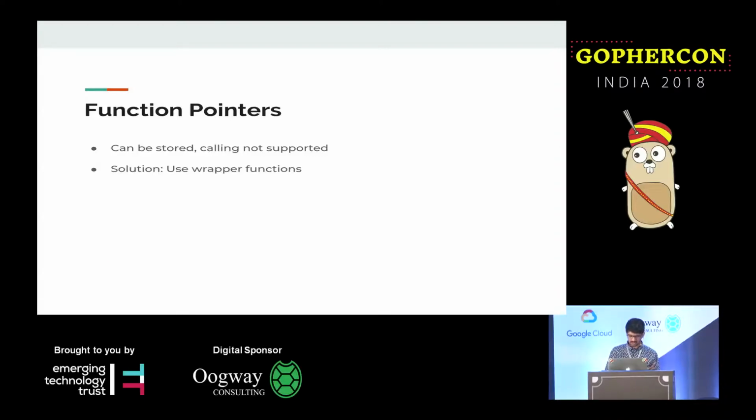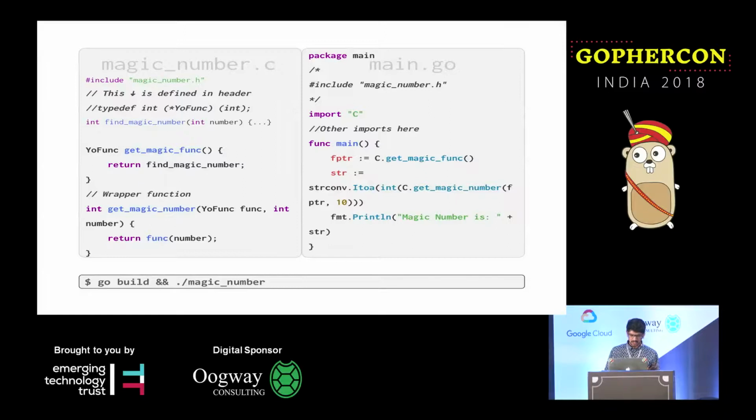So let's look at another example. Not all of this is important, but on the left side we have the C file, and in the comment at the top we see the typedef. That's actually defined in the header file. There was no place to put the header file, but I have it here.